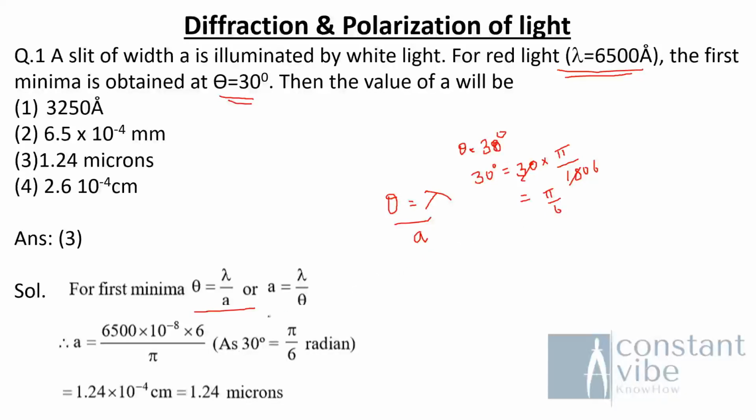Once we substitute the values here, lambda is 6500 into 10 raised to minus 8 centimeter. A is equal to lambda by theta.